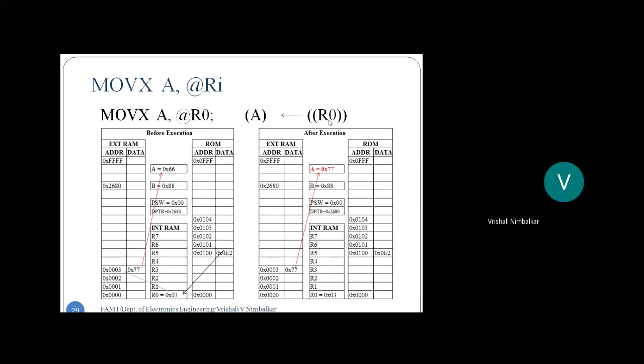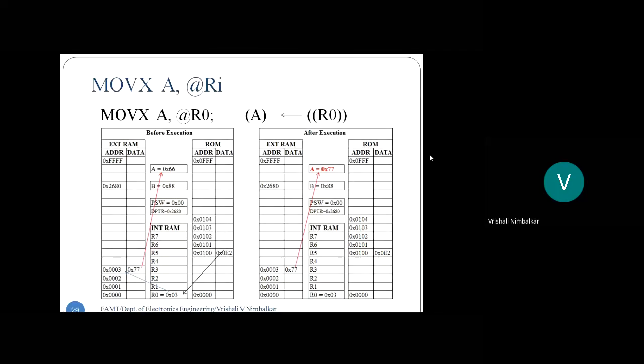So using this 8-bit register, I can access an external RAM whose address is 16-bit, because the upper address is always 0 and we can ignore it. Correct? But then what is the last location I can access using R0? The maximum address can be FF.